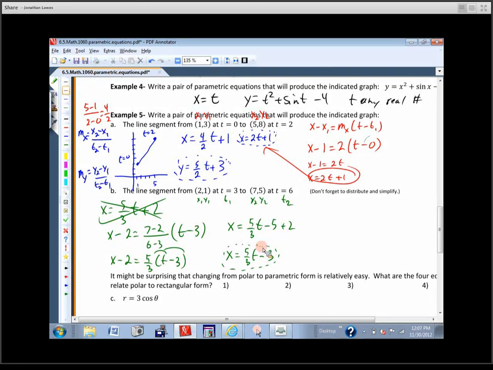Plug it in. It better start at 2 when I plug in a 3. If I plug in a 3, 5/3 times 3 is 5, minus 3 is 2. Does it start at the right place? It does. And it better end at 7. Guess what I get when I plug in a 6? 5/3 times 6. The 3 and the 6 would cancel. That would be a 2. This would be 10 minus 3 is 7. Okay?